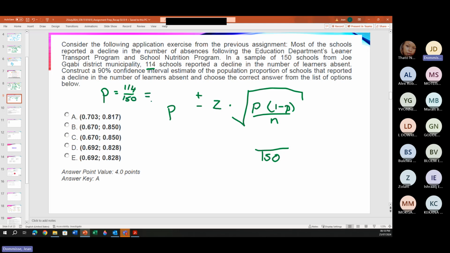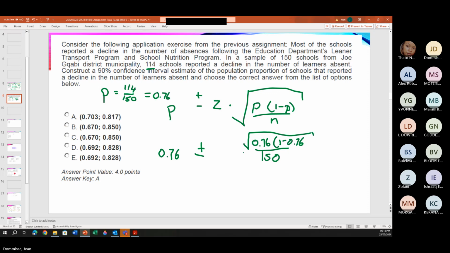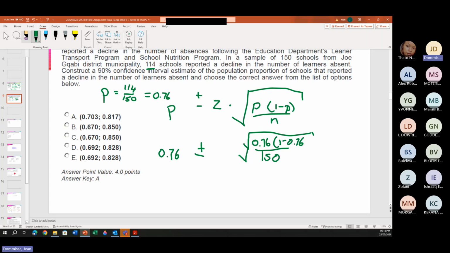Let's hope that is a nice number. Okay, 0.76. So 0.76 plus minus, and on this side we've got 0.76, 1 minus 0.76, across that whole formula, not just the top part.